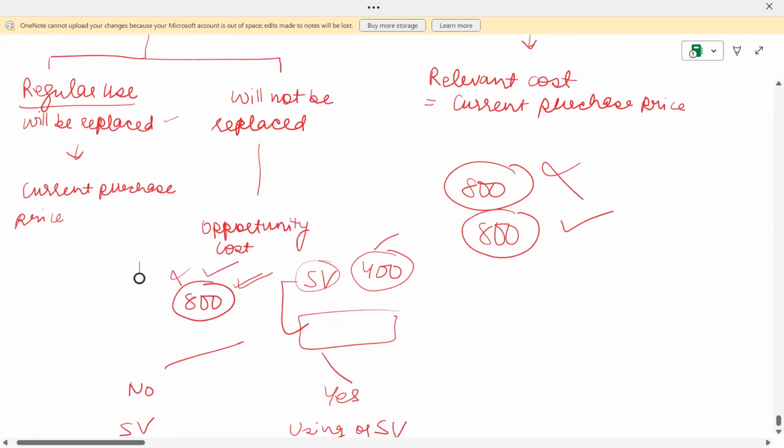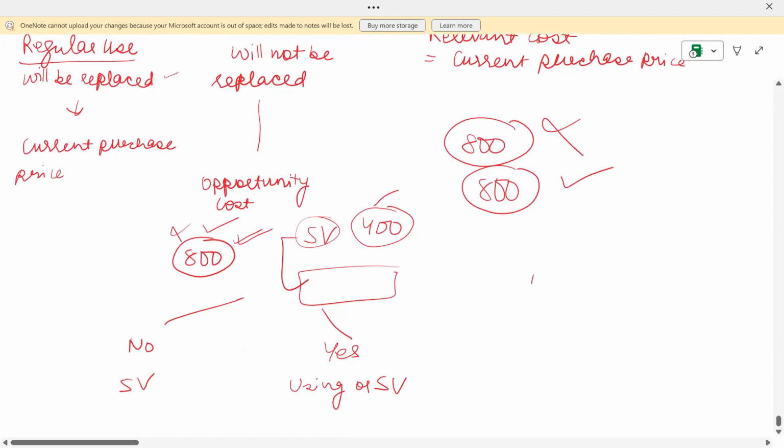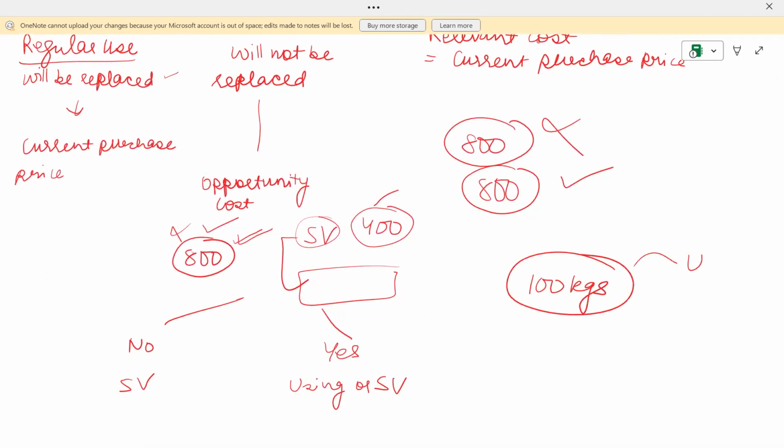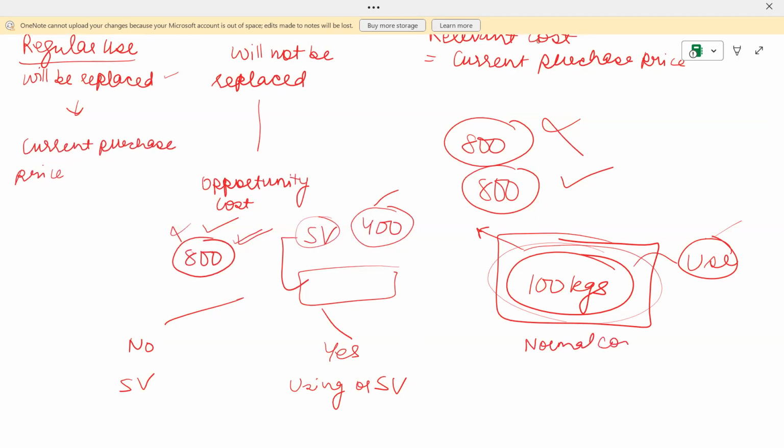Let's suppose you have 100 kgs, and if you use this in the contract which you are evaluating, then you will not have enough material for your internal use, which you would otherwise be requiring even if you do not take this contract. So if you're taking this away from your own organization to fulfill this contract, then your relevant cost will be the normal cost of the material. Let's suppose this is 100 kgs at $5 per kg.